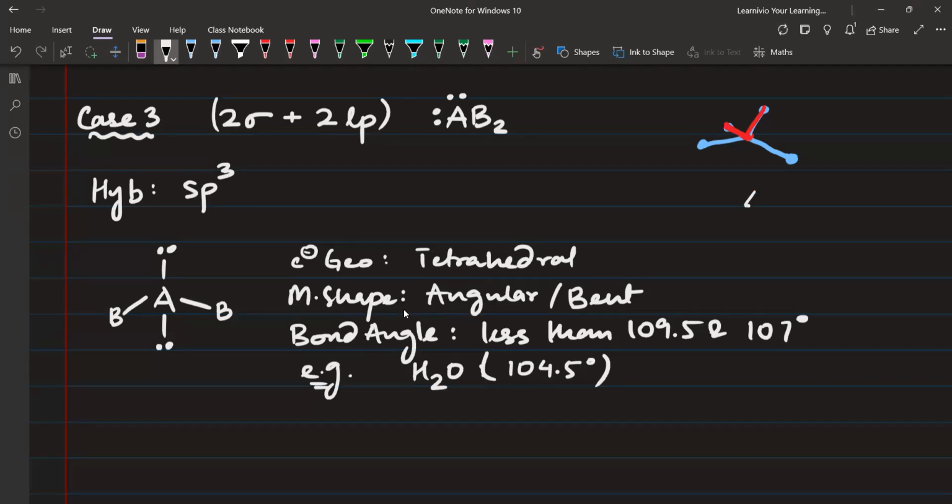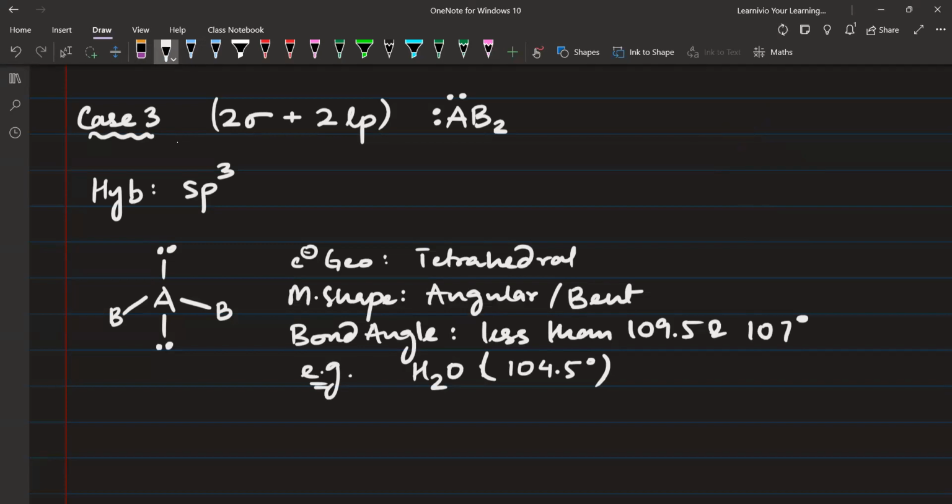When I draw the wedge, this is coming out of the plane, and these two are in the plane. You will not be able to imagine this right now. Again, this is a tetrahedral structure. Your mind needs some more time to accept a few more things.